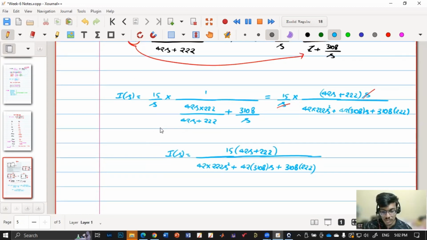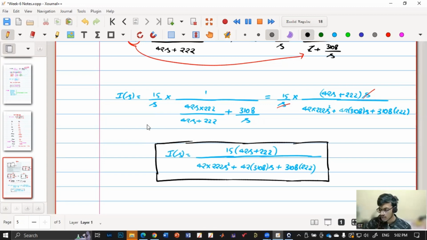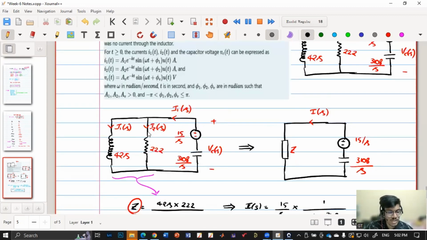Okay. Now we got I of S. Now we have to calculate I1 of S and I2 of S.